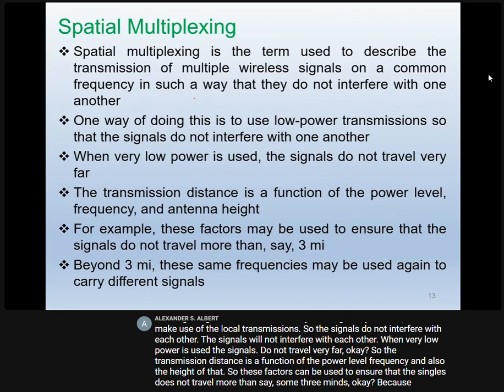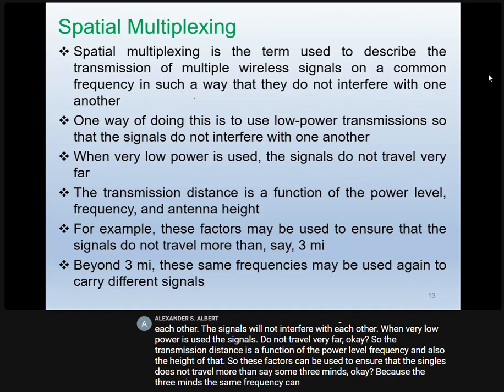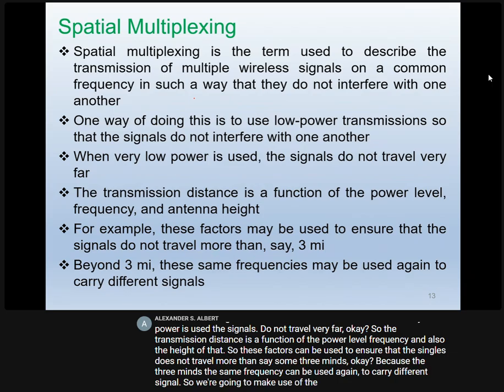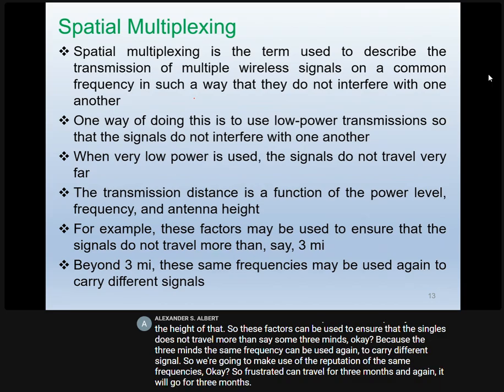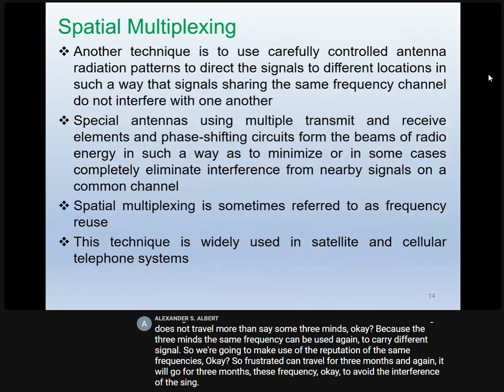After 3 miles, the same frequency can be used again to carry different signals. So we make use of repetition of the same frequencies to avoid interference of the signals.